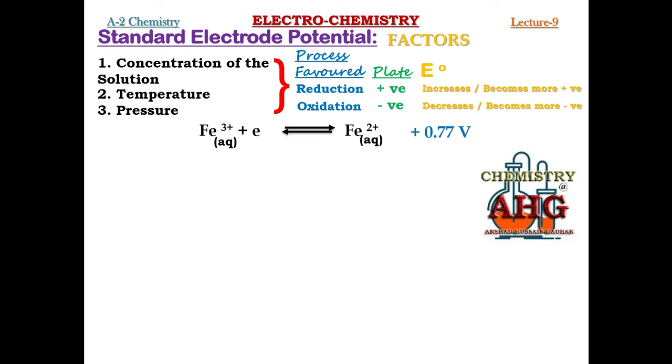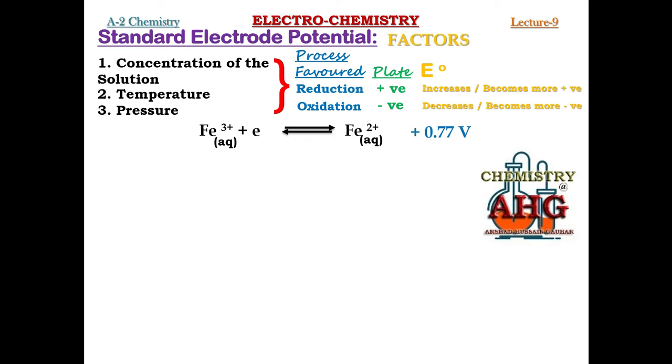If concentration of Fe3 plus is increased, it means equilibrium position will be shifted toward the right side. When equilibrium is shifted toward the right side, what does this mean? In the forward direction, which process is favored? In the forward direction, reduction is taking place. Why? Because Fe3 plus is reduced to Fe2 plus.